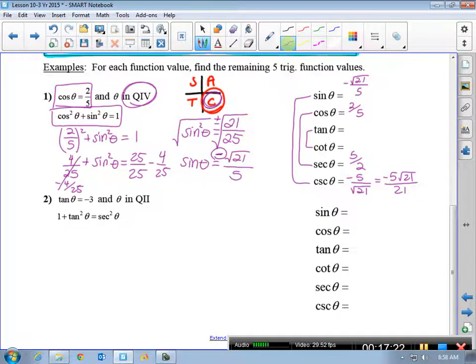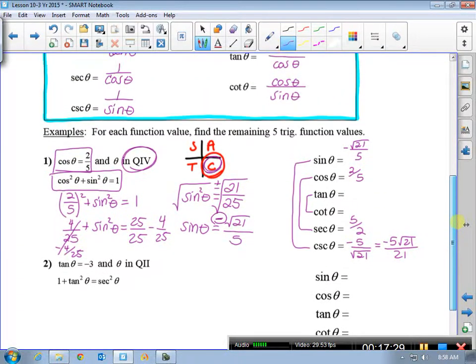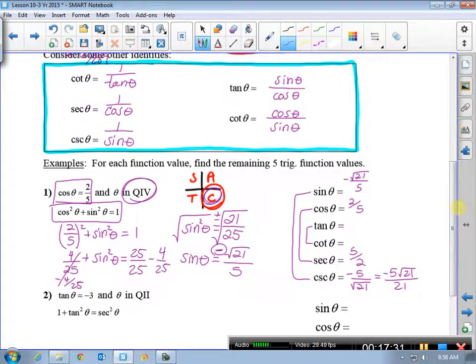All right, we have 2 more to do, tangent and cotangent. And here's where those other identities are coming in handy, not just the reciprocals and flipping them, but we know that tangent is sine divided by cosine. So if I divide this by this, you're going to get negative square root of 21 over 2, because the bottoms are the same.